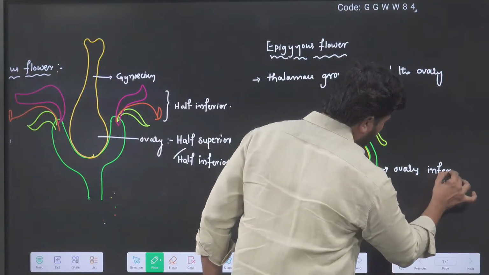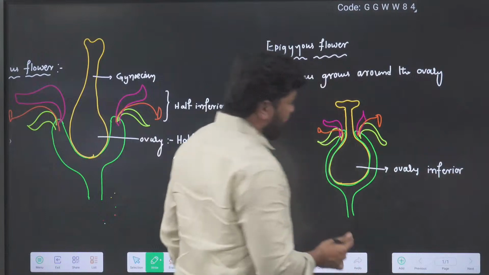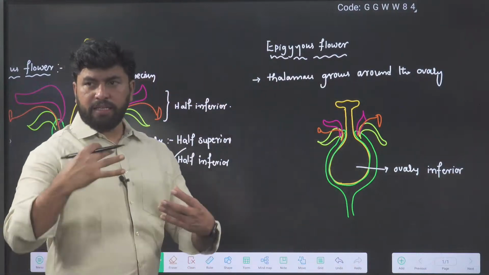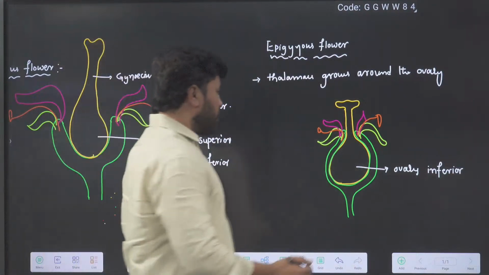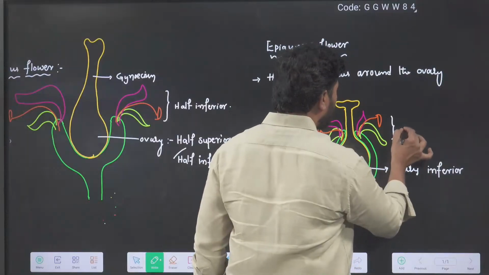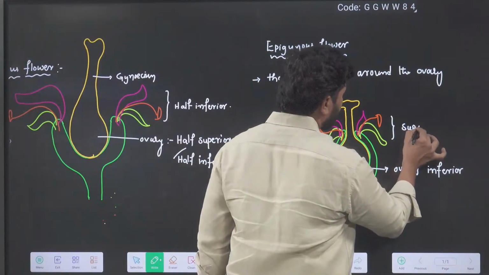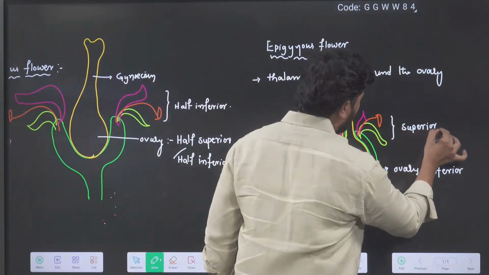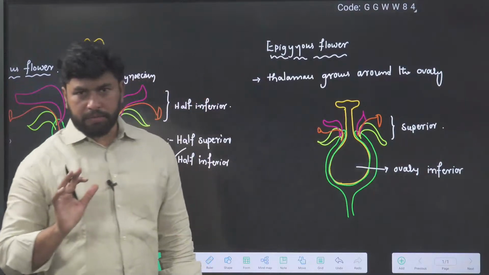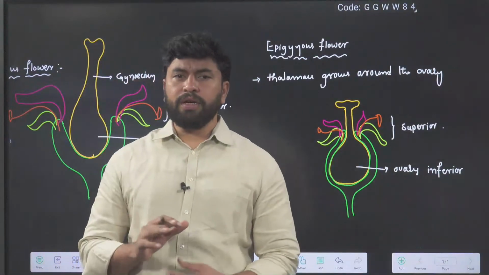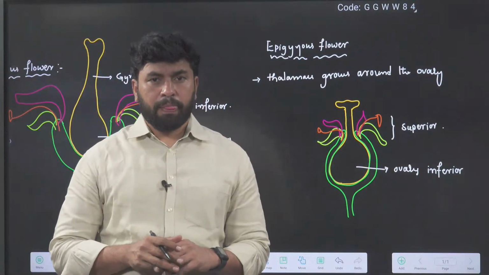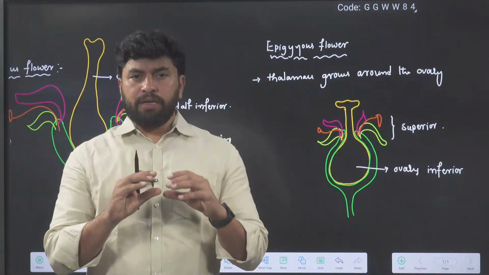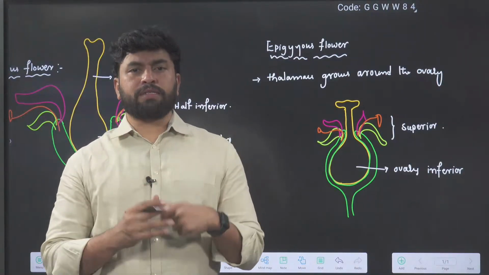The ovary which has been completely buried inside the thalamus, and the floral organs become superior. Floral organs become superior. One thing. This is the only kind of flower where ovary has been fused with thalamus.